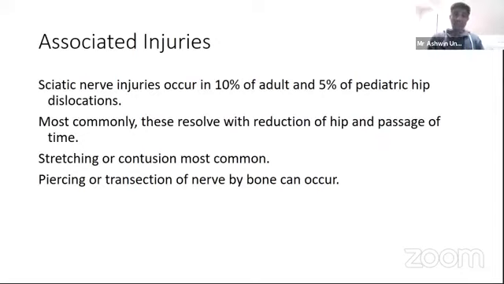Now, associated injury, as I said to you before, the sciatic nerve is the most important thing to check, apart from the blood supply. There's about a 10% chance that you can have a sciatic nerve injury associated with a hip dislocation. If you have a sciatic nerve injury with a hip dislocation, the time is ticking, and it's crucial to take the necessary steps to decrease the neuropraxia.